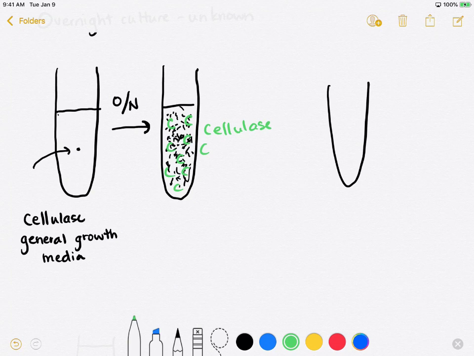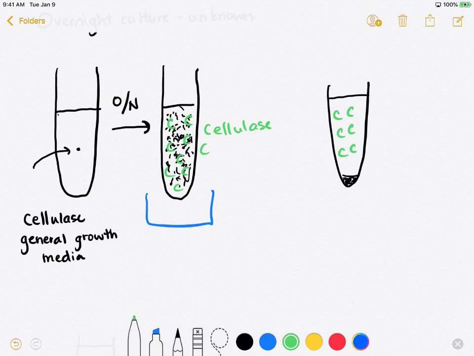What we did for you between Unit 8 and Unit 9 was we took your overnight culture, this thing that had bacteria that had been producing that enzyme cellulase in it, and we spun it down for you. What that means is that all of the bacteria pelleted to the bottom of a tube, and then at the top of the tube, we were left with just the media that contained the enzyme.